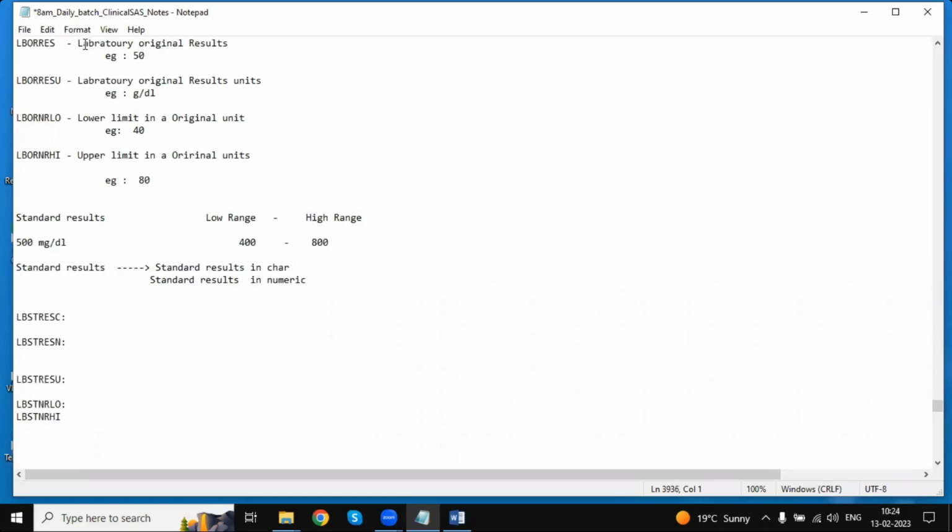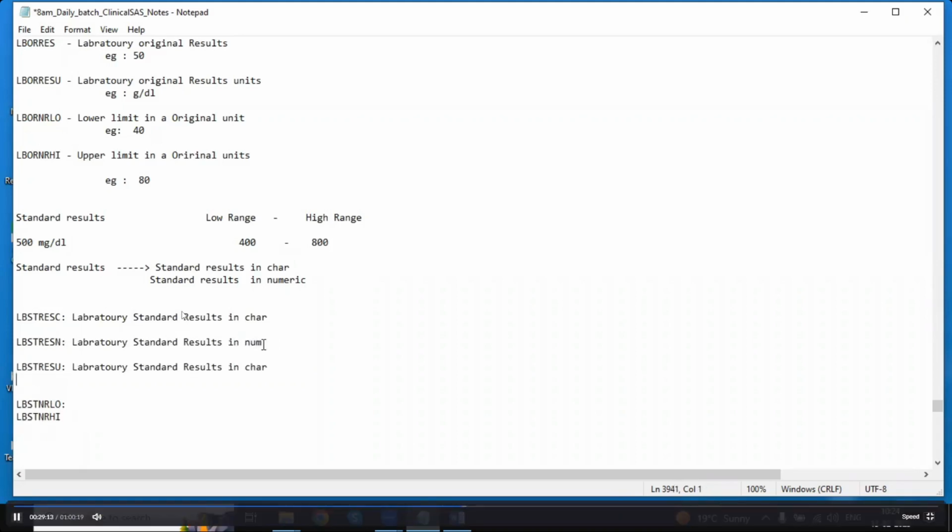Okay, so laboratory standard results in character data type, laboratory standard results in numeric data type. Okay, same, laboratory standard results units.